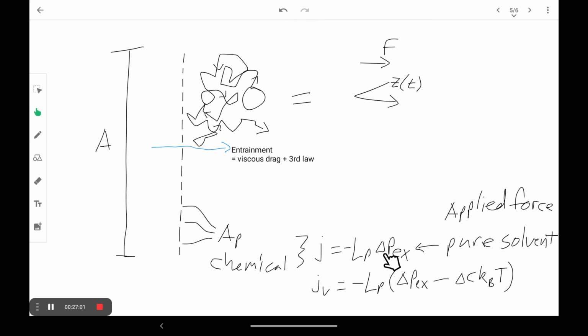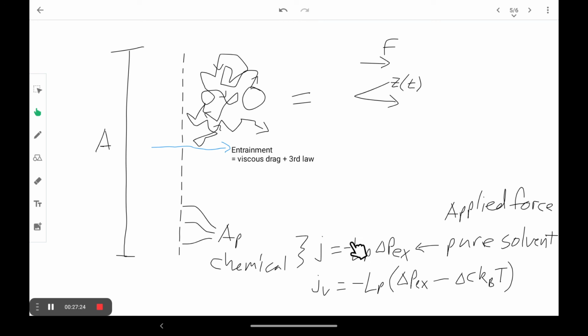One, even if there is no solute over here, we could push fluid through if we apply an external pressure. So no diffusive pressure at all, no entropic pressure, just a regular push of a piston. So we could create an external force, an external pressure, and we should get flow.